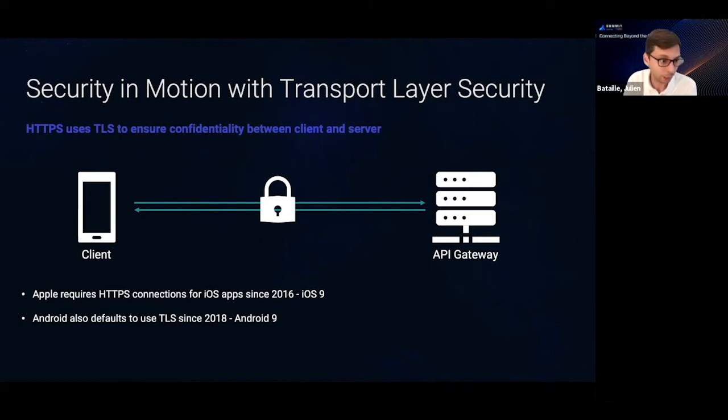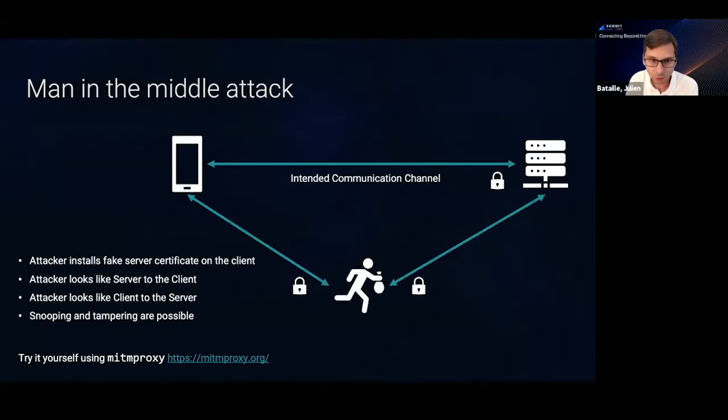Apple requires HTTPS since iOS 9. On Android, it's been since 2018 with Android 9. But you need to remember that attackers can run your app on their own device, where they can install a fake server certificate. So it's easy to use tools to perform a man-in-the-middle attack, and many developers are using those tools every day to troubleshoot their mobile application.